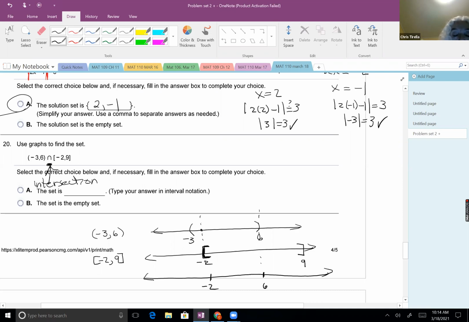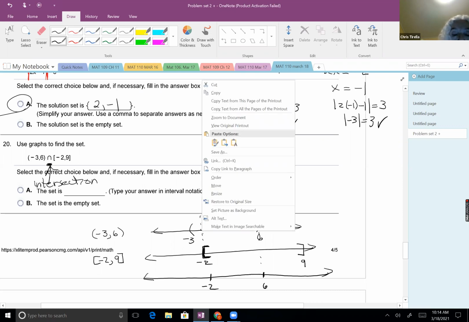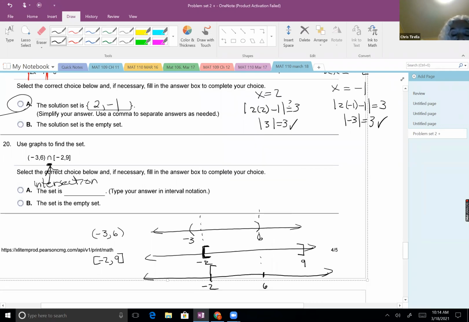I apologize, I will include the -2. Here, because I have that rounded bracket, I'm not including the 6. So the intersection won't include the 6. And so my solution would be the values from -2 to 6, including the -2, not including the 6.